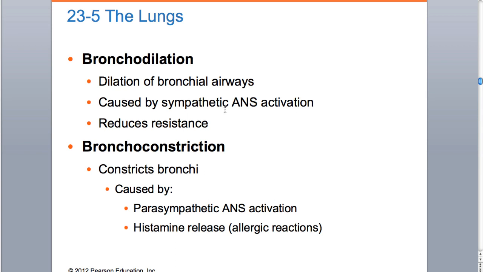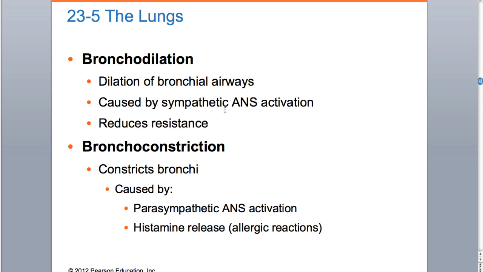This is the opposite. In lungs, the sympathetic is bronchodilation. So sympathetic is bronchodilation for the lungs. So more air actually gets to the lungs and from the lungs. So one more time, bronchodilation is sympathetic for the lungs.